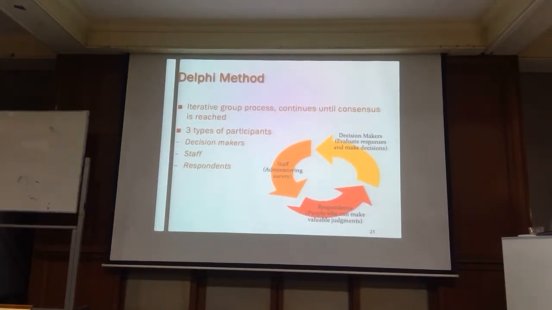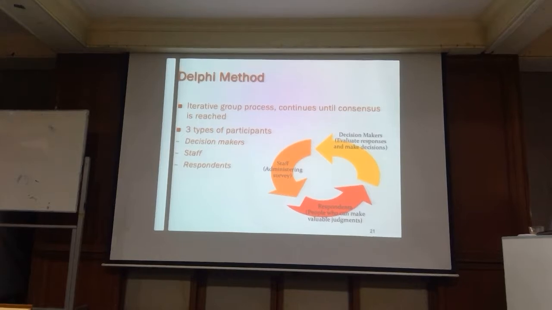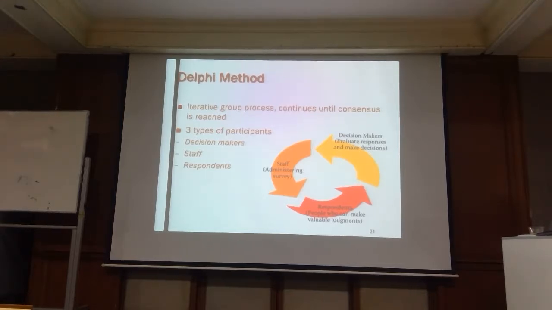So they're going to make the comments, and then we have another group we call the group of decision makers, because based on the comments of the respondents, they combine and reconstruct and send to the staff to develop the new survey again, and the respondents see what others commented the first time, and then try to make comments for the second time. Let's say that can be different from the first one. So it's just like a consensus.